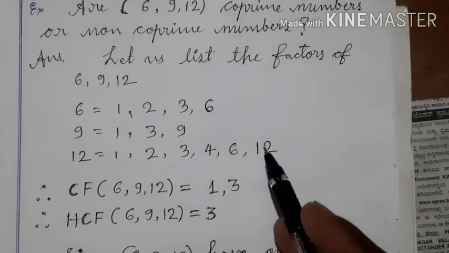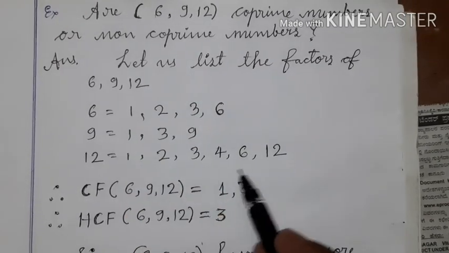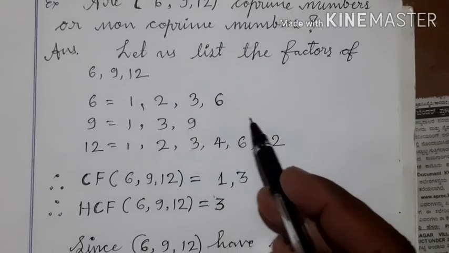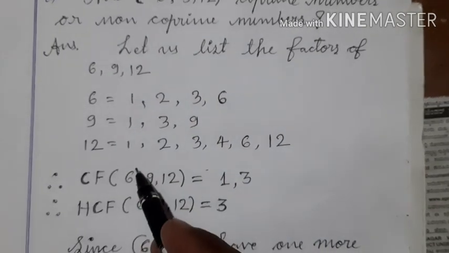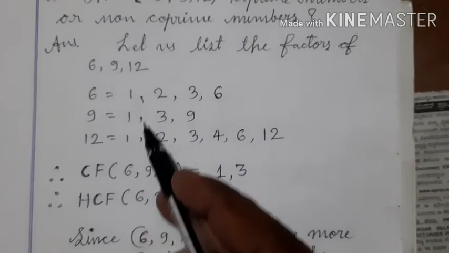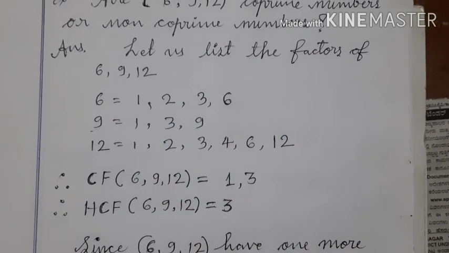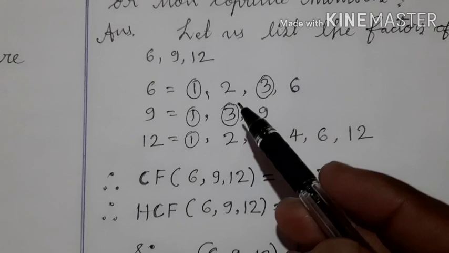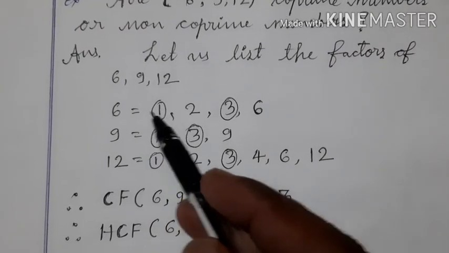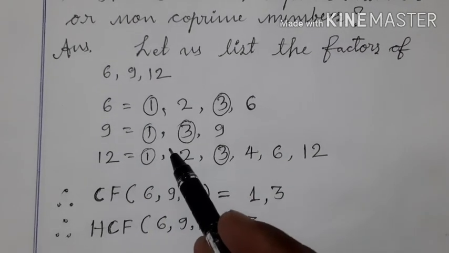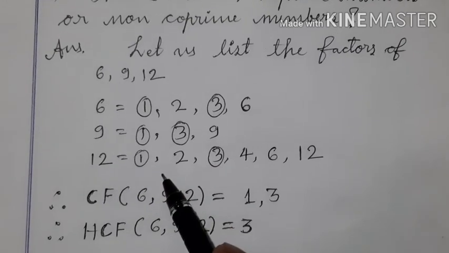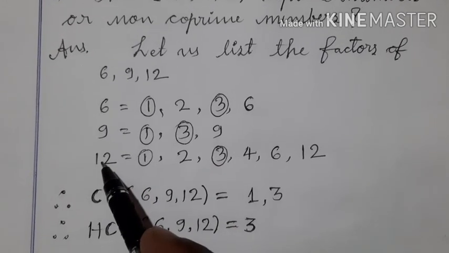Okay. Now children, after listing the factors of the numbers 6, 9 and 12, we should select the common factors of 6, 9 and 12. See here, 1 is a factor of 6 also, 1 is a factor of 9 also, 1 is a factor of 12 also.